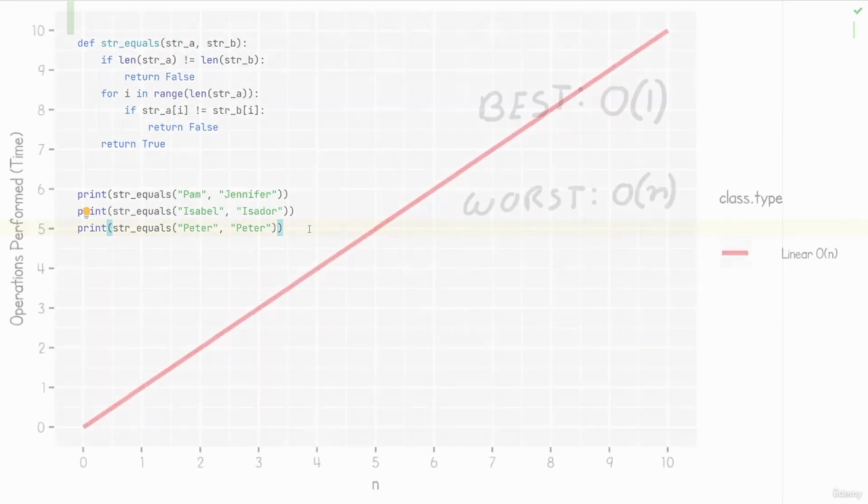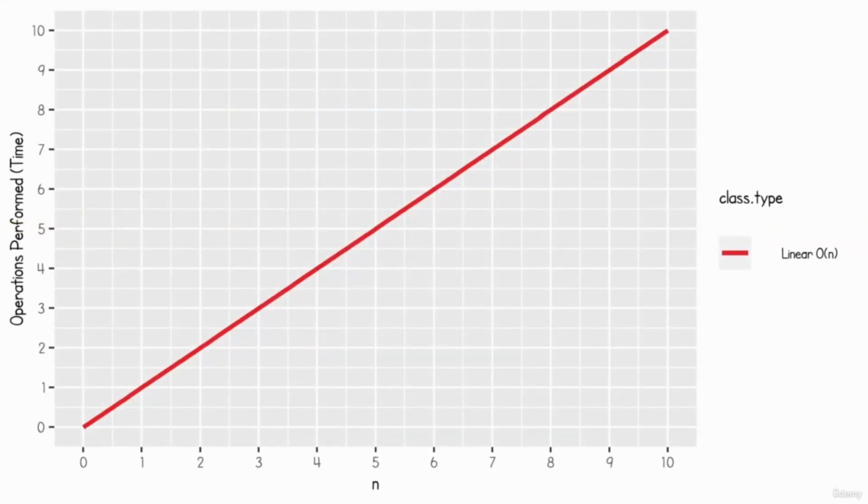If we had to plot the performance of this algorithm, or any linear time algorithm for that matter, on a graph where the x-axis is the size of our input and the y-axis is the number of operations, we would see that this is a straight line, similar to the graph that we saw when we were playing with cars in the initial video.